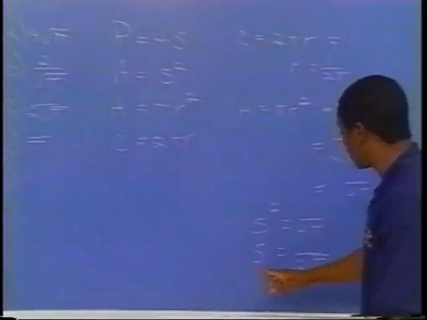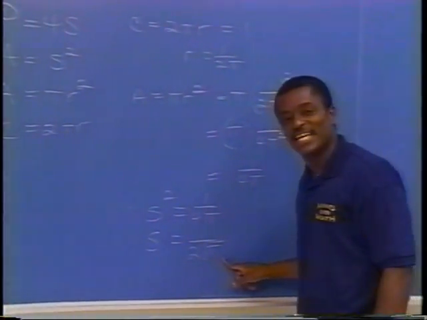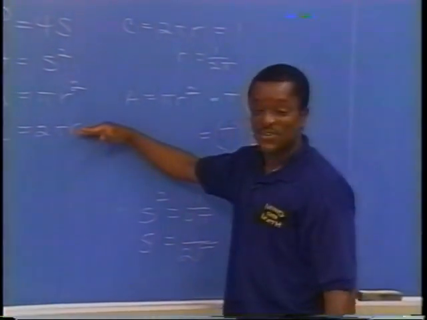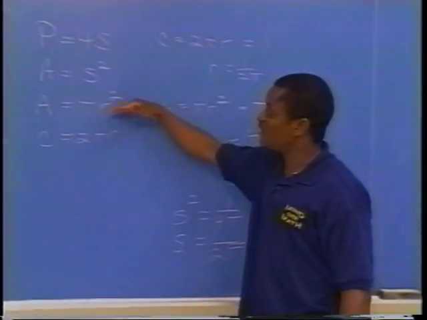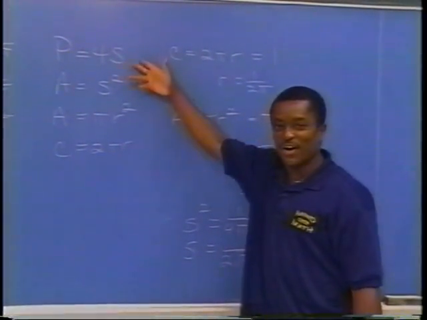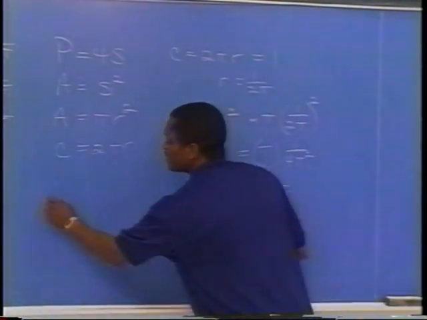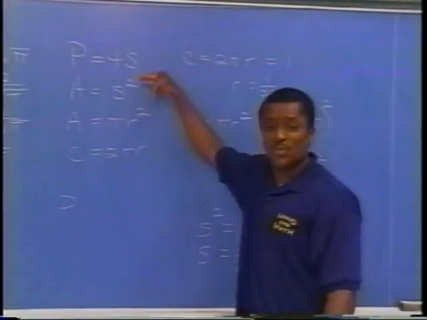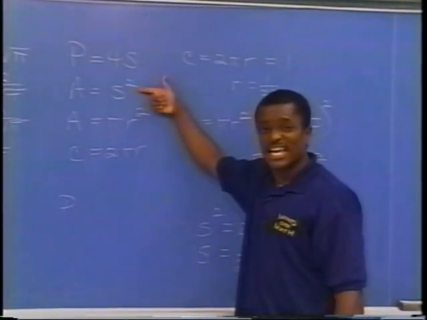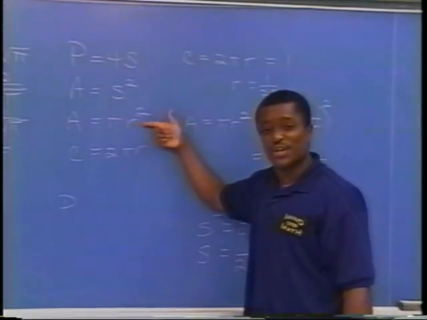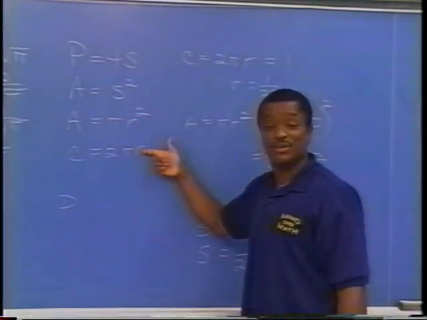Moving right along. We know what the side is, S. Now, we've used concept 1, 2, 3, and here's where we are. We know that we're trying to find the perimeter of the square whose area is equal to the area of a circle whose circumference is equal to 1.